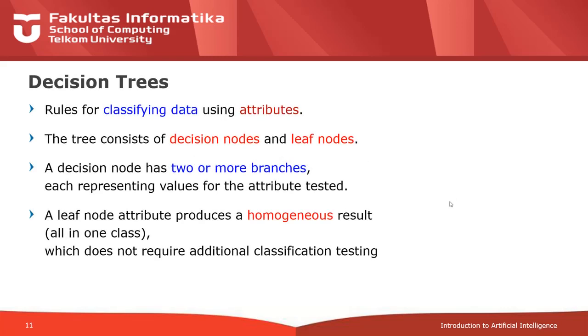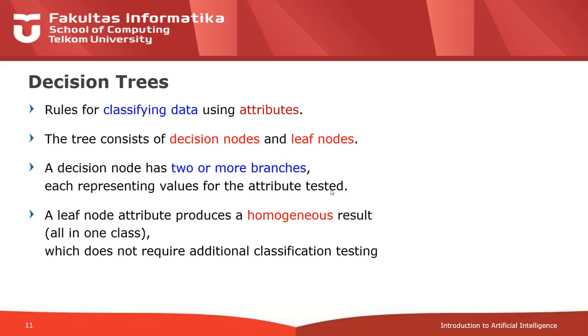Decision trees themselves are a set of rules for classifying data using attributes. The tree consists of decision nodes and leaf nodes. A decision node has two or more branches, and each of them represents the values for the attribute that is being tested.